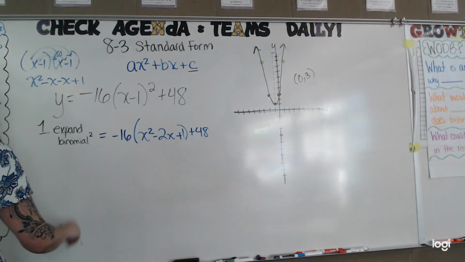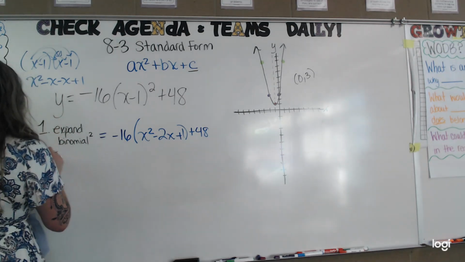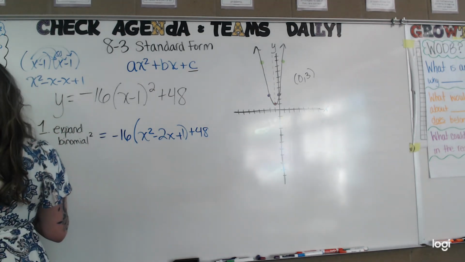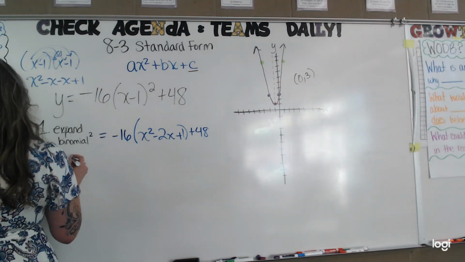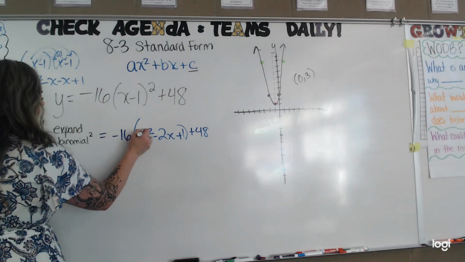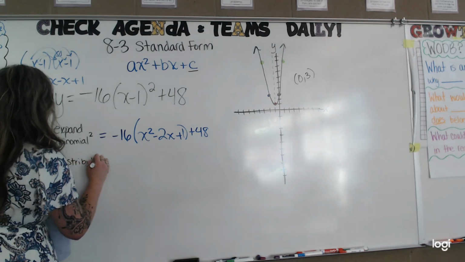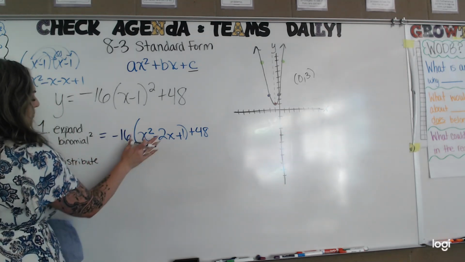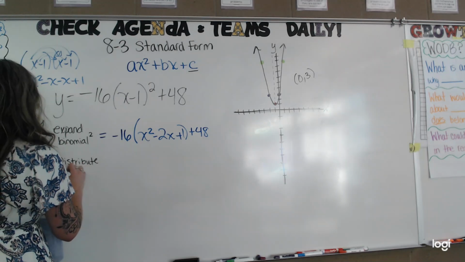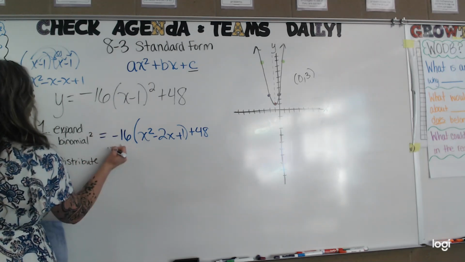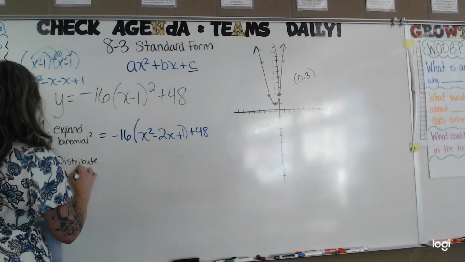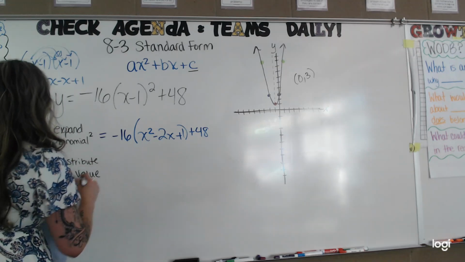The next step is that we are going to distribute this 16, again, using our multiplication property with polynomials. This was the leading coefficient, or the a value, so I'm going to say distribute the a value.